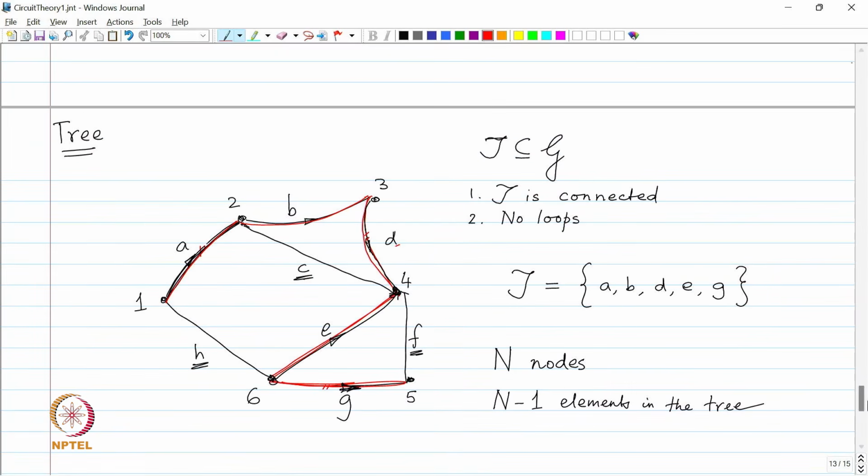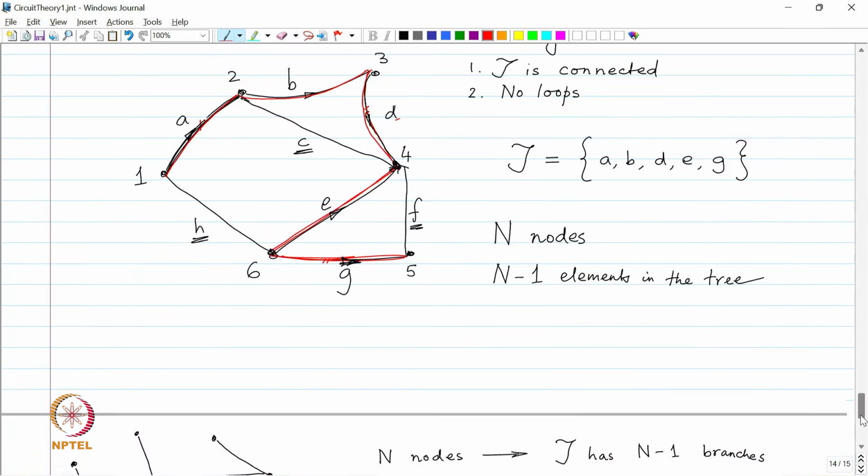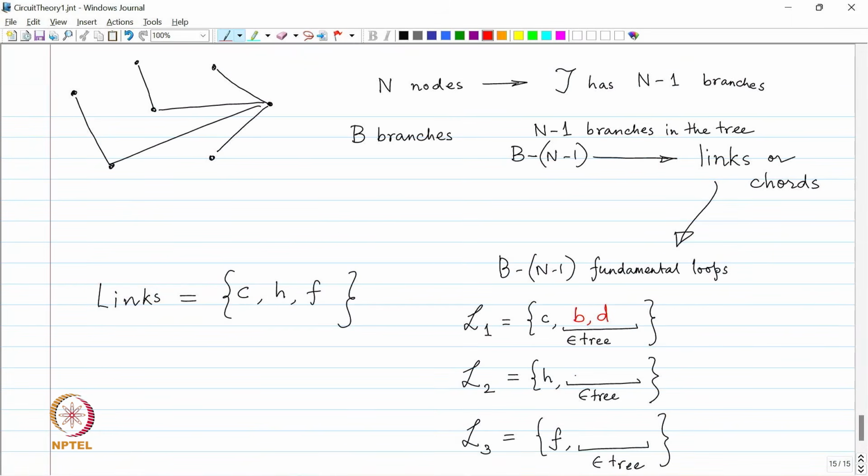Next, H. H is connecting 1 and 6, it is a shortcut between 1 and 6. But if you have to go along the tree, you are going to take A, B, D, E to go from 1 to 6. So, therefore, my fundamental loop is this.